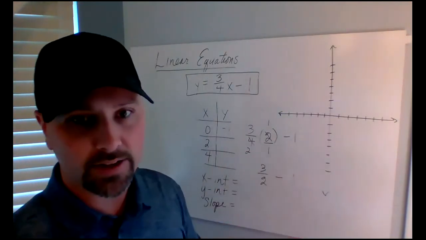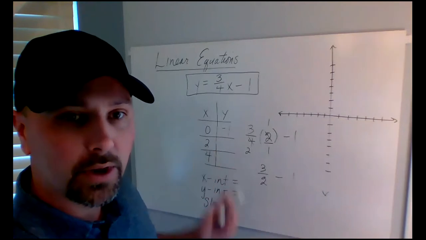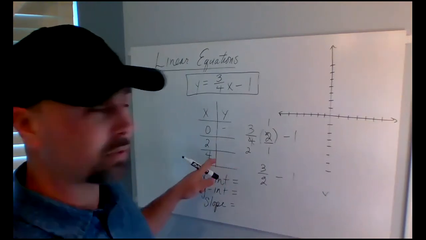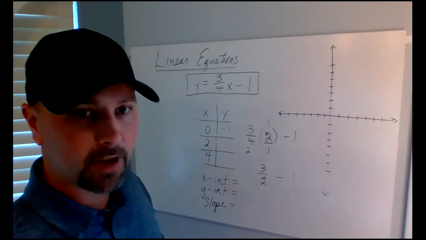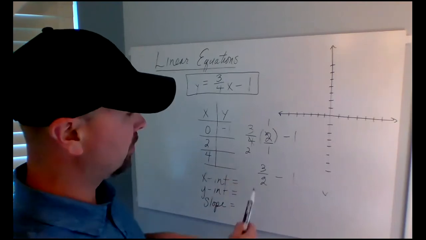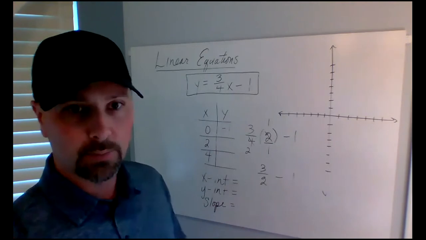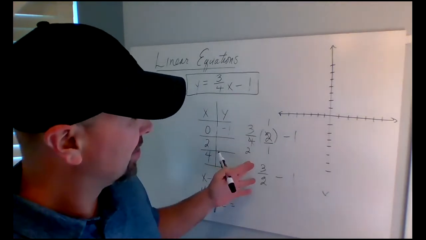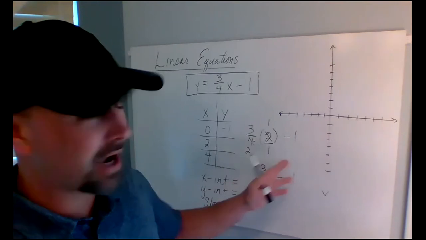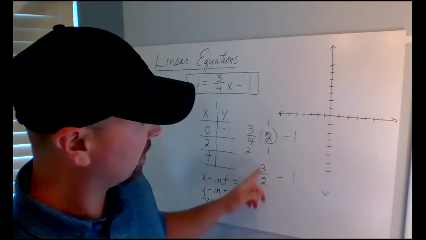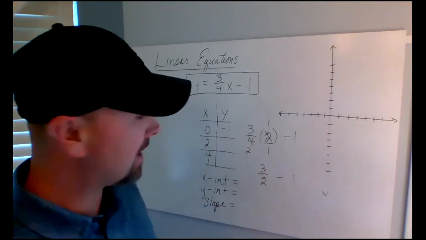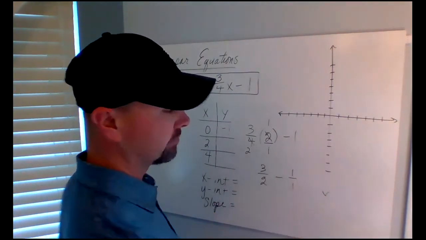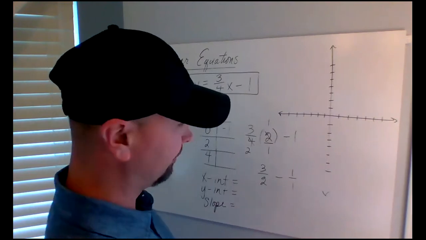Now this is exactly why I said I would not have picked 2, because we're still dealing with the fraction. You're going to see when we pick 4, we have a whole number. And if we would have picked 8, we would have a whole number. We wouldn't have to deal with this right here. But regardless, we had to do what they gave us. So 3 halves minus 1. When we're going to subtract, we have to have common denominators. And so I'm going to start by making that 1 into a fraction, 1 over 1.